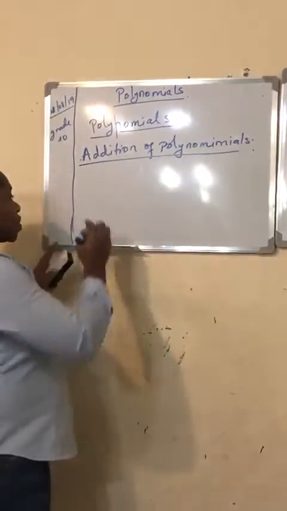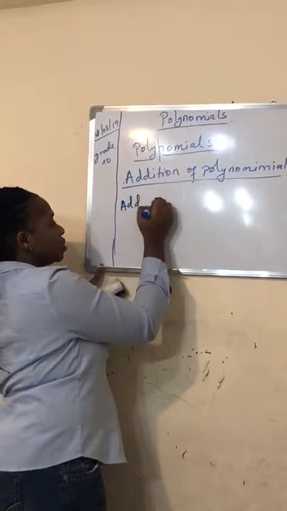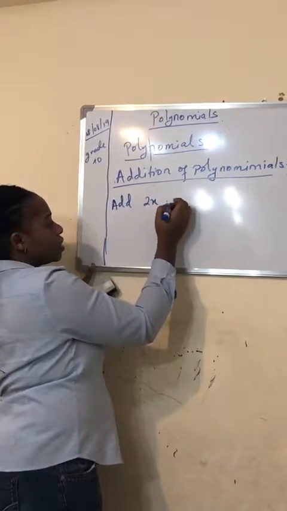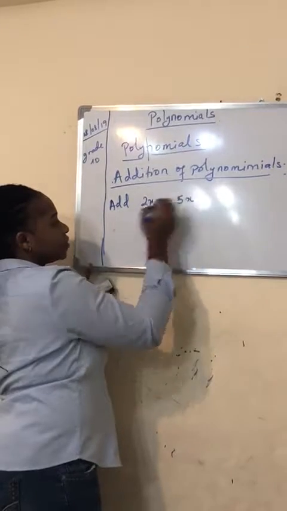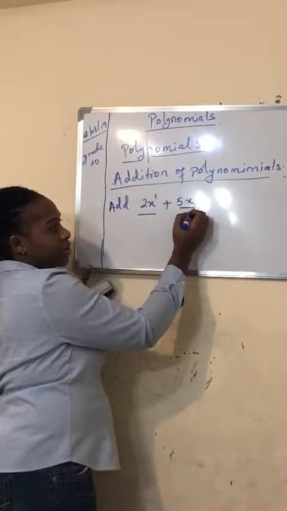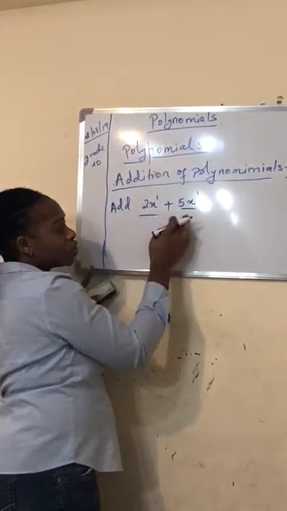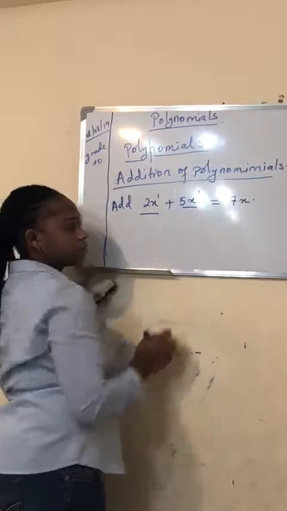For example, two polynomials, I can add 2x plus, let's say 5x. The degree of this term is 1 and the degree of this term is 1. So these two terms can be added to give us 7x.